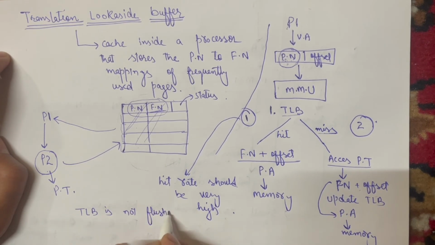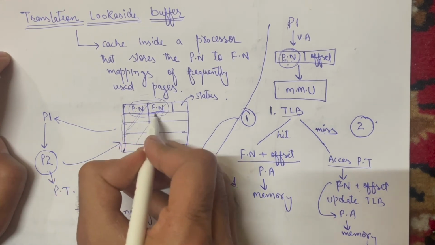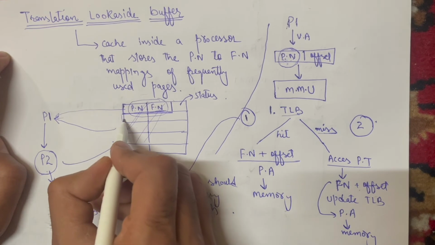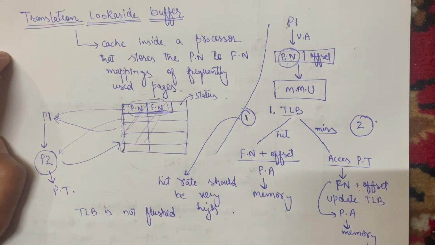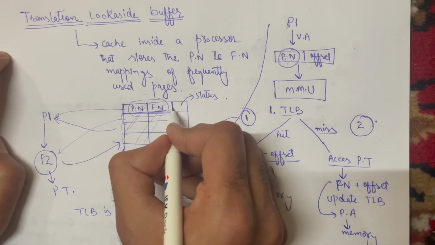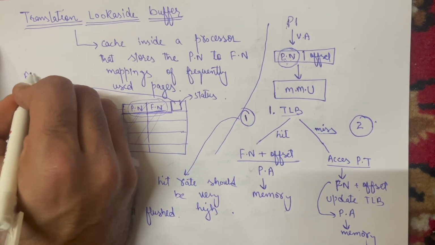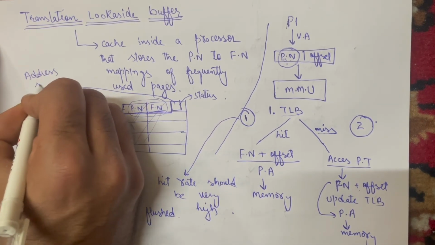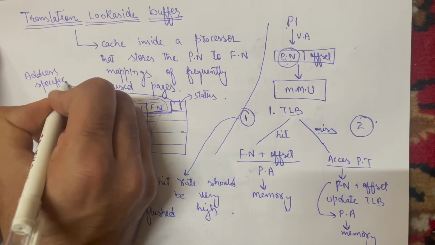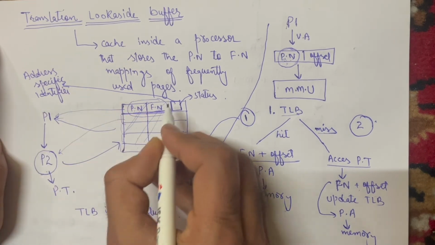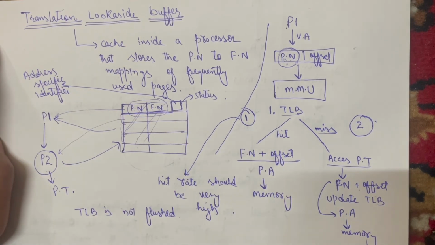However, in some scenarios the TLB is not flushed. What does that mean? It means that an entry may belong to any process. For example, this entry may belong to P1, and this entry may belong to P2. But how do we know which entry belongs to which process? With every entry, we add another important piece of information called the address space identifier. That identifier says to which process this particular entry belongs.